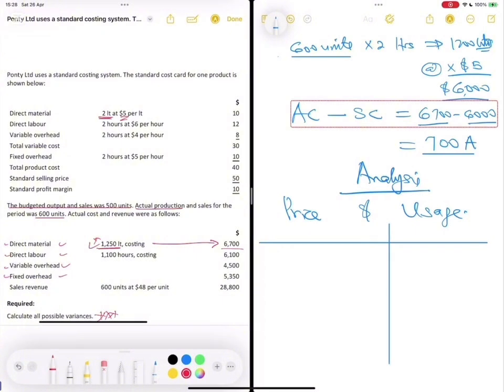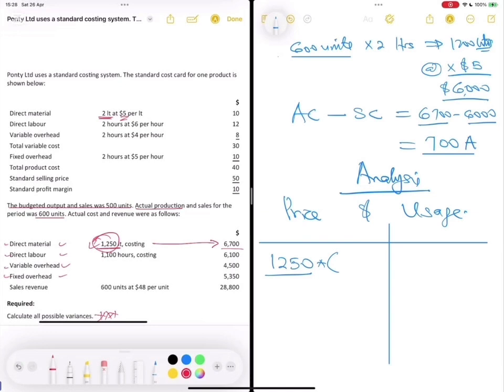How many liters did we consume? 1,250. Exactly. So we consume 1,250. But the question is, did we pay more than we should have paid? Yeah. So if we consume 1,250, that is the actual quantity that we consume. But what did we pay? What is the price that we paid?